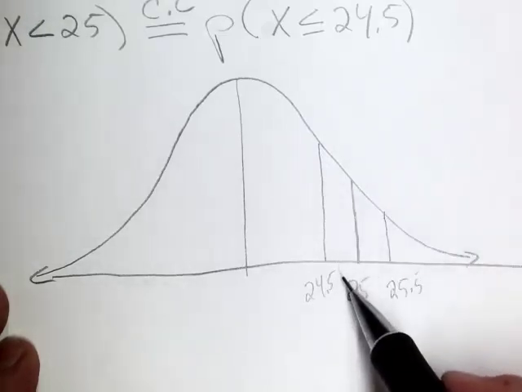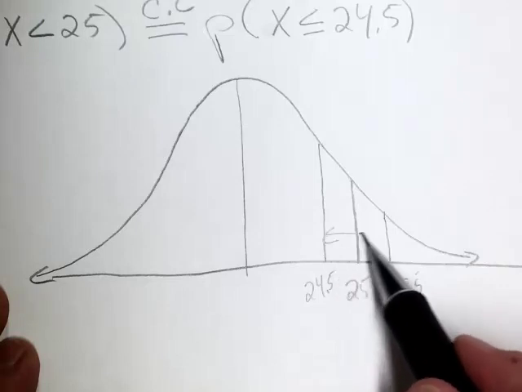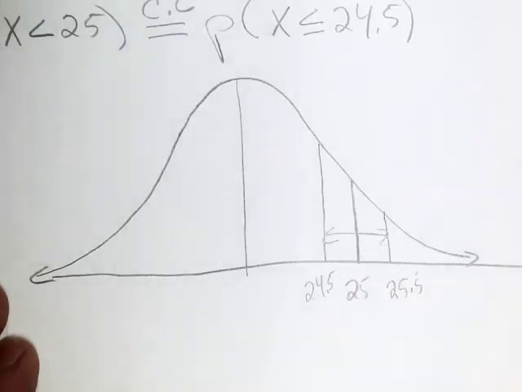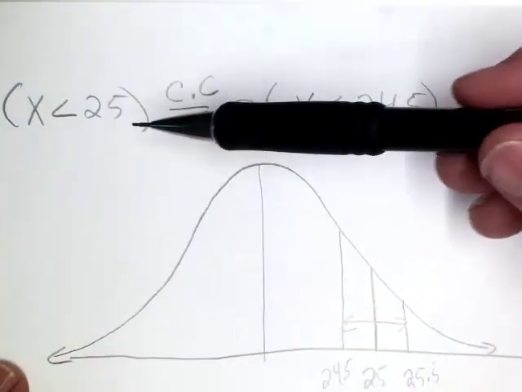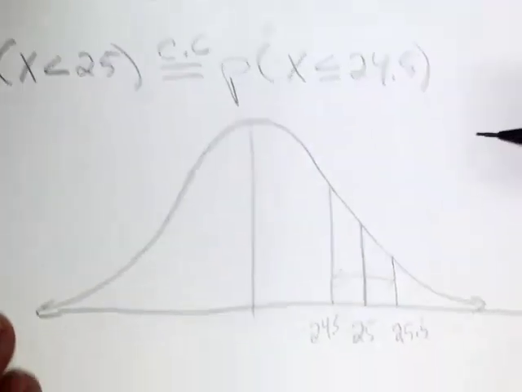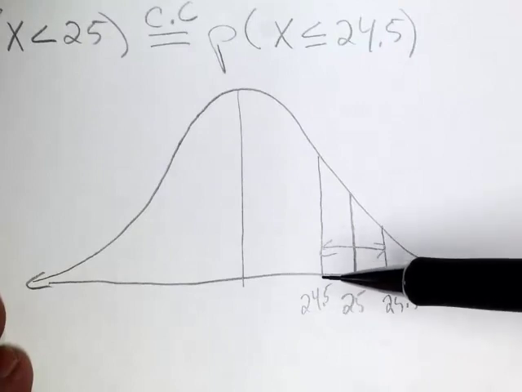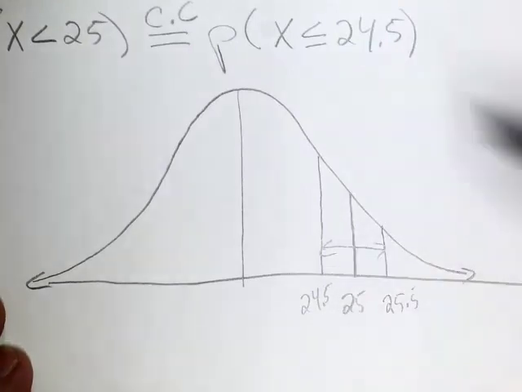So the number 25 is this area here in the continuous case. So going back up here, if I'm not including the 25, then I need to stop at 24.5.